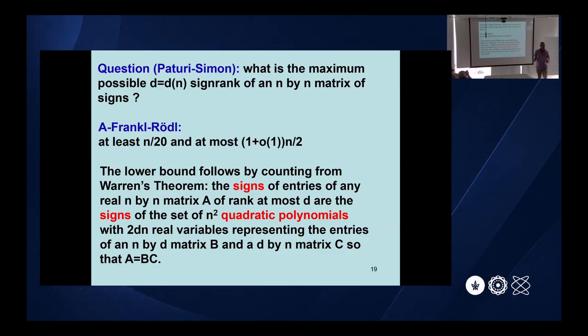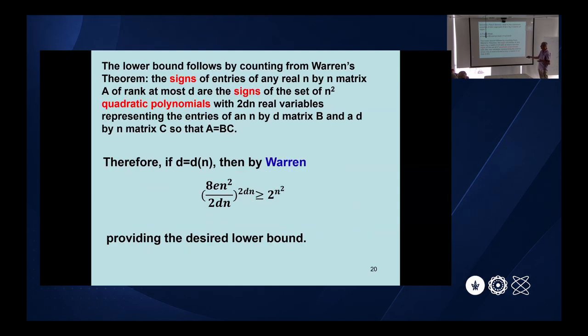Each inner product is a quadratic polynomial, and therefore you have n squared quadratic polynomials in 2dn real variables, and we have the bound for the number of those sign patterns. The bound that we get from Warren's theorem is 4e times 2 times n squared, which is what is written here, divided by the number of variables, raised to the power of the number of variables. And this has to be at least the total number of n by n sign matrices if every n by n sign matrix has sign rank at most d. You just solve it. So this would give some linear lower bound, about n over 4.